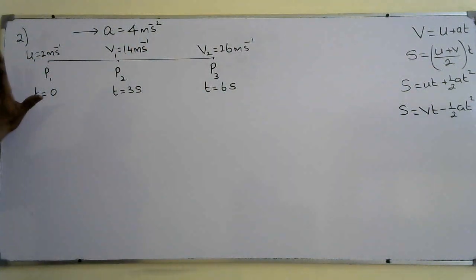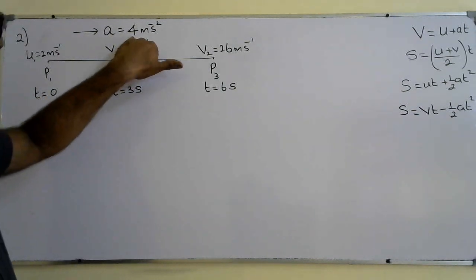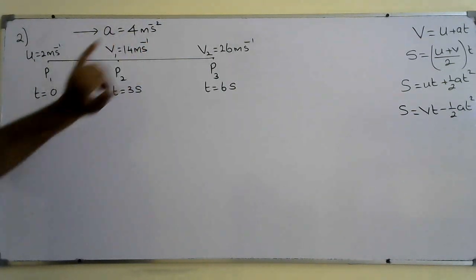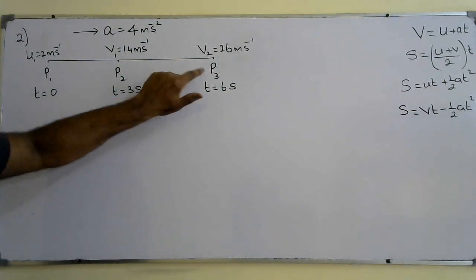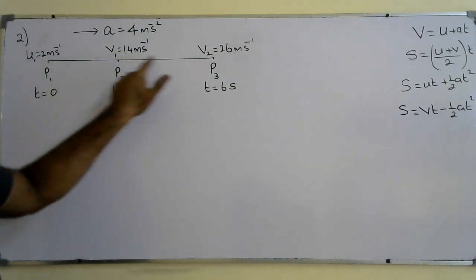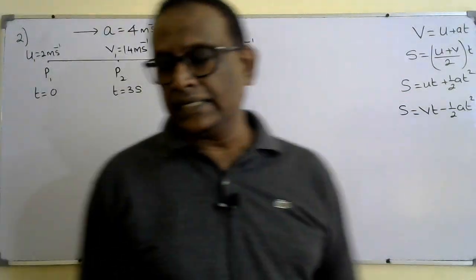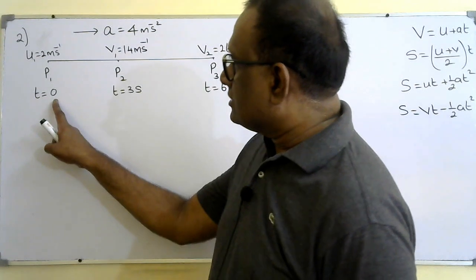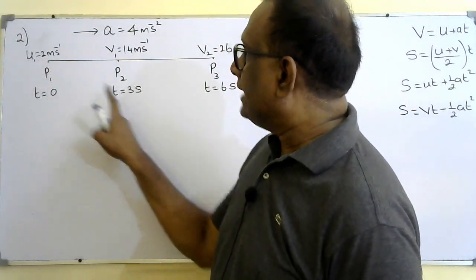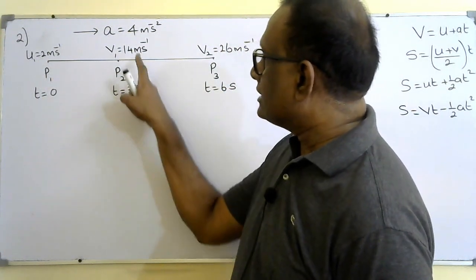An object is moving with uniform acceleration 4 meters per second squared from point P1 to P3. At P1, when time t equals 0, which we consider the initial time, the speed is 2. Then at time t equals 3 seconds, the speed is 14.